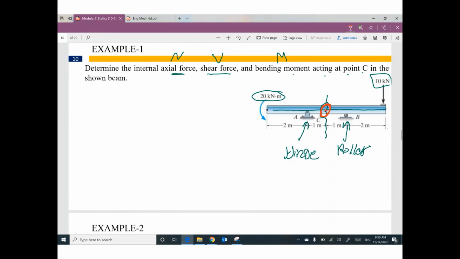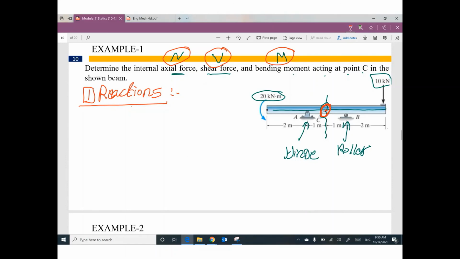We have two steps. First step, you need to figure out the values of your reactions. Without reactions, I cannot get the internal forces. If your reactions are wrong, your internal forces must be wrong.